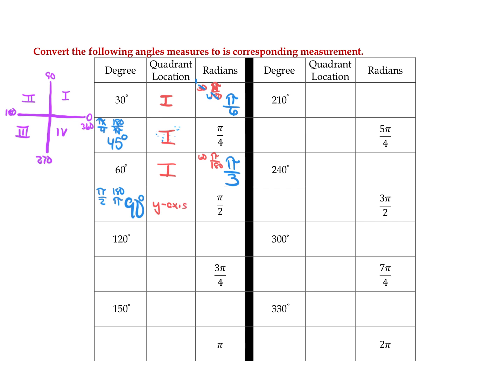So now I continue 120. Now we've moved over into quadrant 2. And so I would do the same thing of 120 times pi over 180. And then that's going to give me 2 pi over 3.